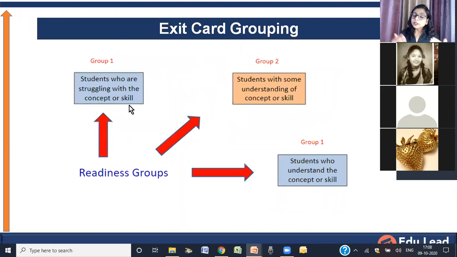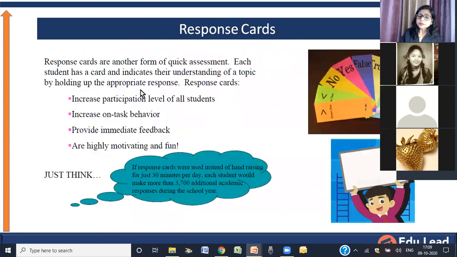Based on the responses on the exit cards, you have now categorized your students. Next day, when you go into the class, your instruction will be driven accordingly. You would take care of the students who are struggling with the concepts and give them tasks accordingly. That is why we say it is inseparable. Your assessment here is now feeding the instruction. So that's how exit cards can be used.